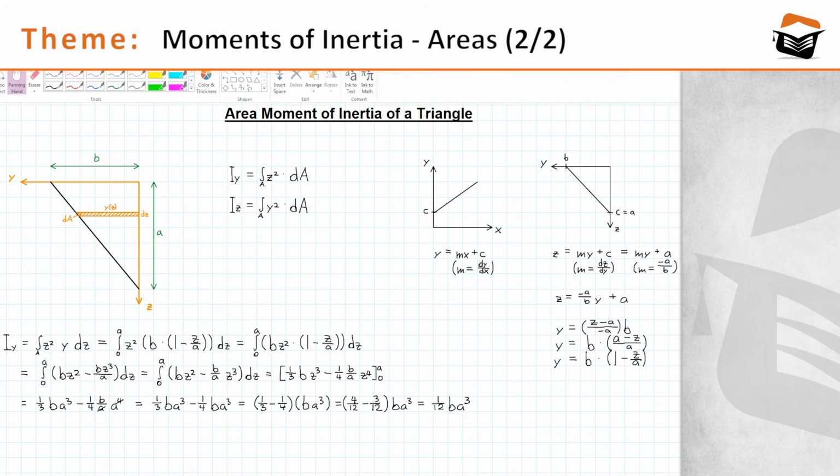And to find the area moment of inertia of a rectangle with respect to the z-axis, your steps will be analogous. So you have to integrate over y squared, and then you have to integrate over the whole area. And I'm not going to work it out throughout because it would be too time consuming.